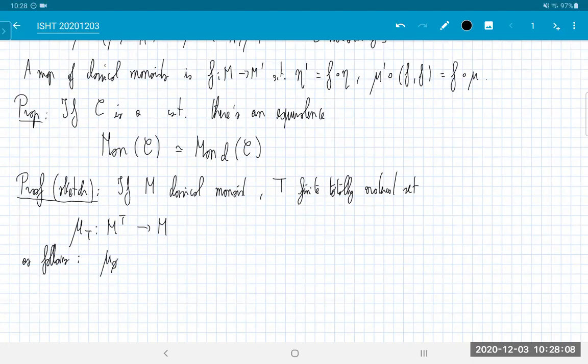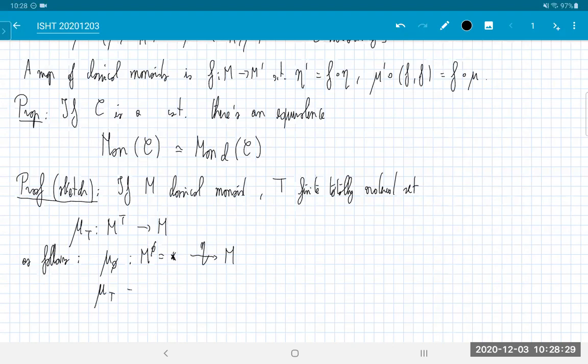So mu of the empty set is the product of zero copies of M, in the order given by the ordering of T. That's just the terminal object into M, and that's just eta.